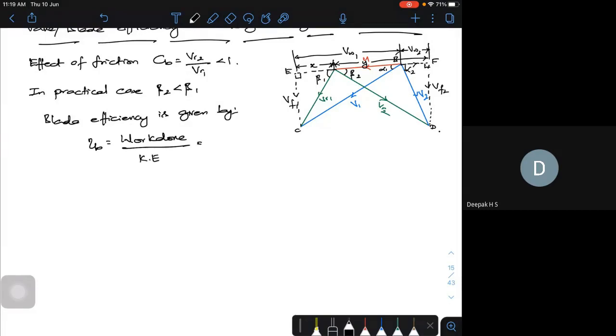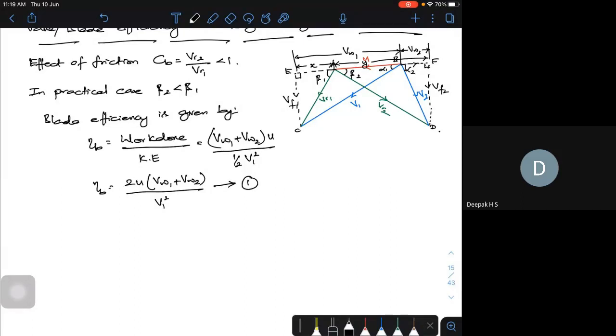The work done is VW1 plus VW2, into U, divided by 1 by 2 V1 square. Or I can write it as 2 into U into (VW1 plus VW2) divided by V1 square. Let me call this equation number 1.